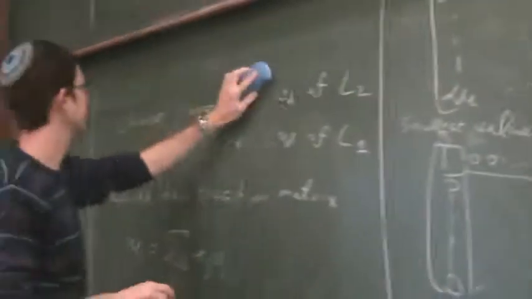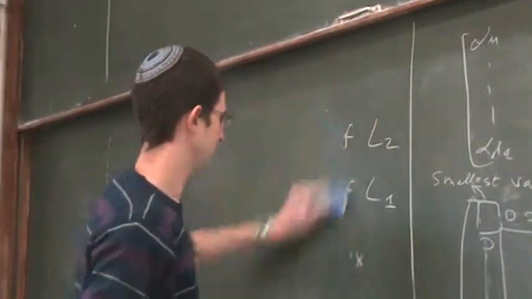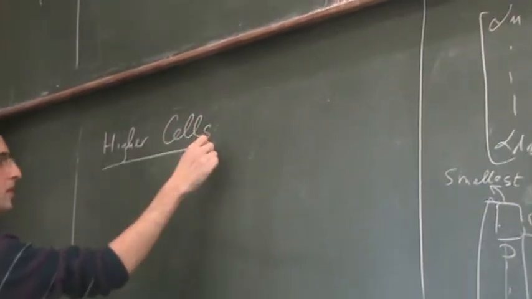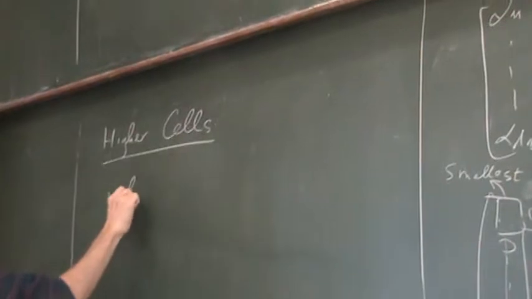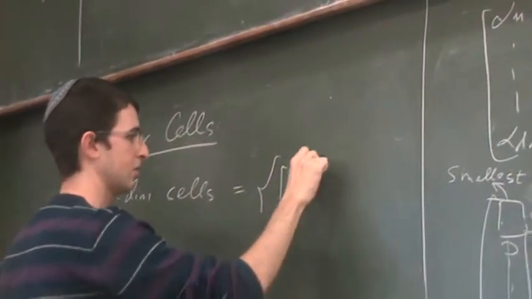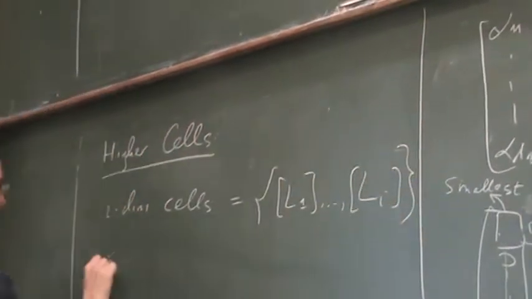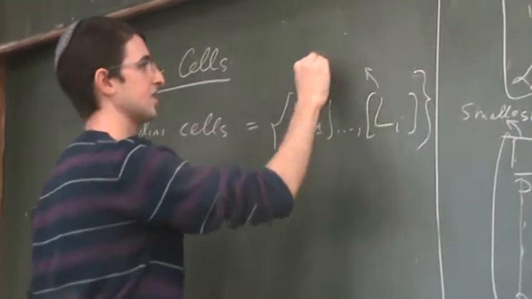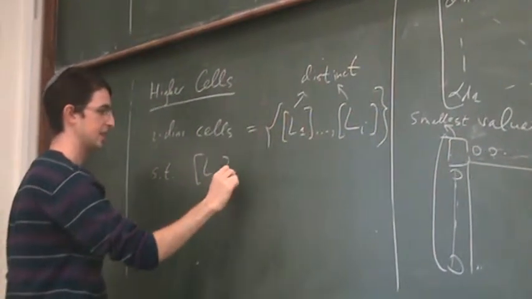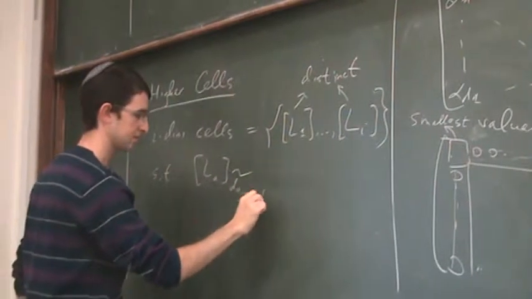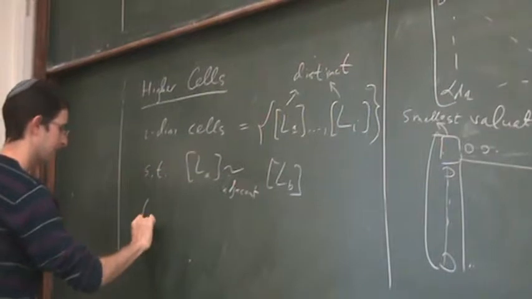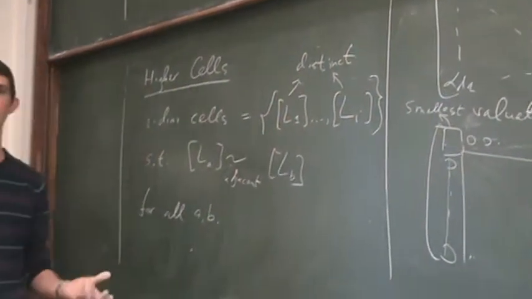What about higher cells? High-dimensional cells are just sets of elements L_1 to L_i, such that all of them are distinct, and L_a is adjacent to L_b for all a, b. So, the thing is this.